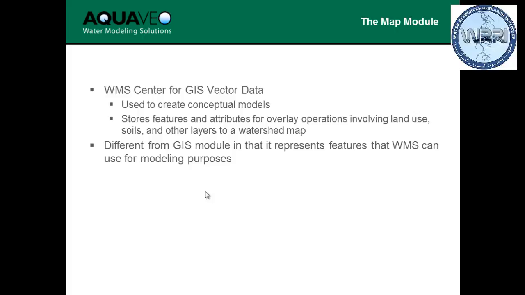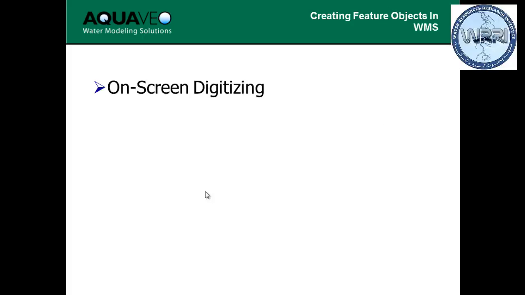It's different from the GIS module. If you bring it in the GIS module, you cannot use it for modeling usually. It's just used as a background map. But converting between the modules is not that hard. There are easy ways of doing that, and I'll show you some of those ways.